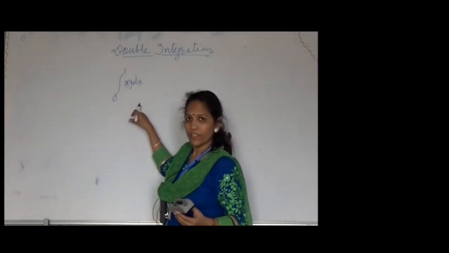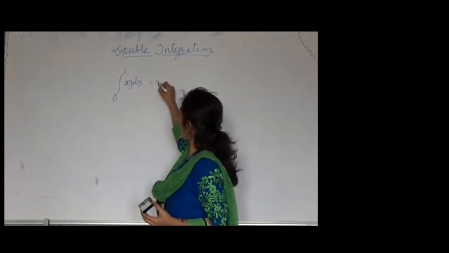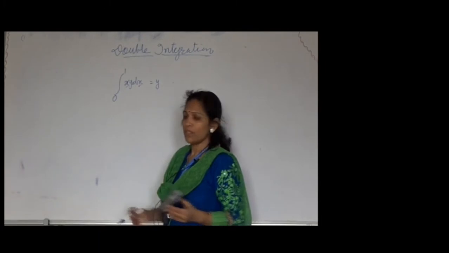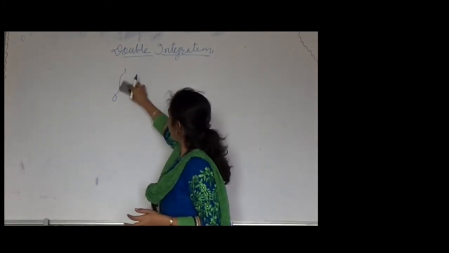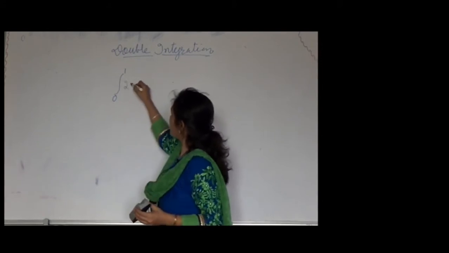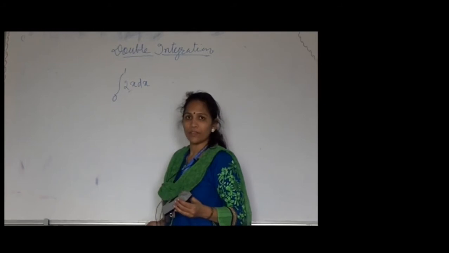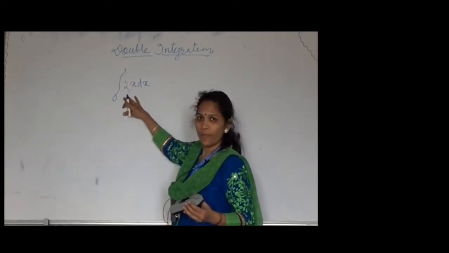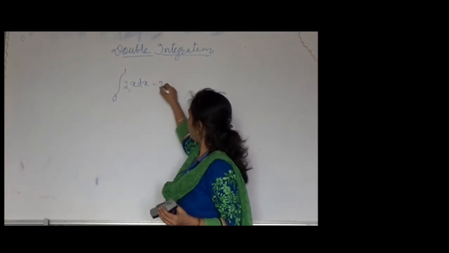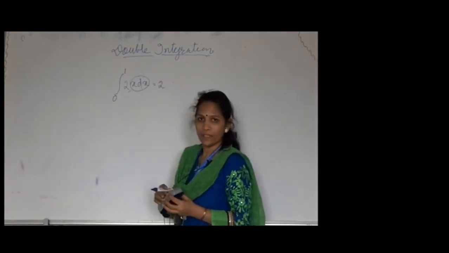This integration can be solved with respect to x. Then what about y? y becomes constant here. It is like the function whose integration of 2x dx you had done. So y behaves like the constant 2 if this y is in single integration. All of you know 2 is a constant, and then we take the integration of x dx.